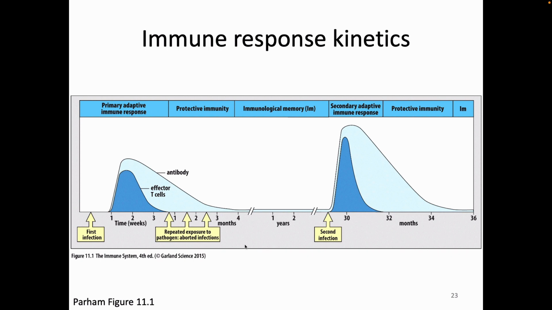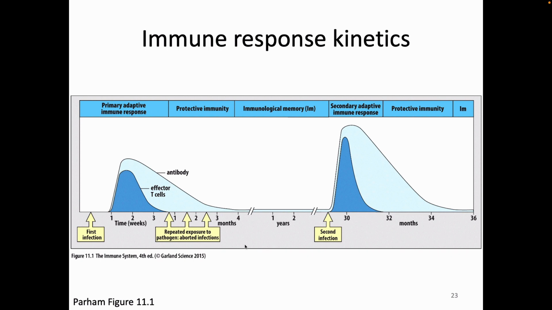If you get infected here, where those cells have not fully differentiated, you're still going to have lots of plasma cells or T cells around, and that will probably just kill the pathogen, and that won't even count. Here you can see it's called an abortive infection. Those aren't really things that are going to push you to this nice secondary response.